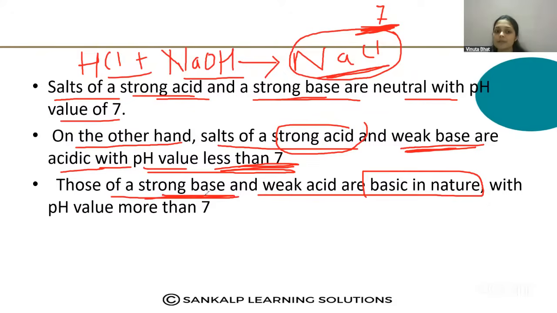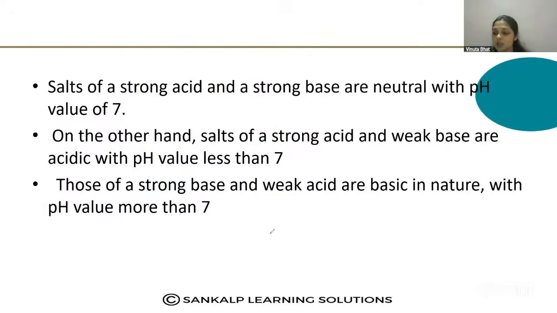When a strong base combines with a weak acid, the salt is basic in nature with pH value more than 7. So like that we can decide the pH of the salts. Okay.